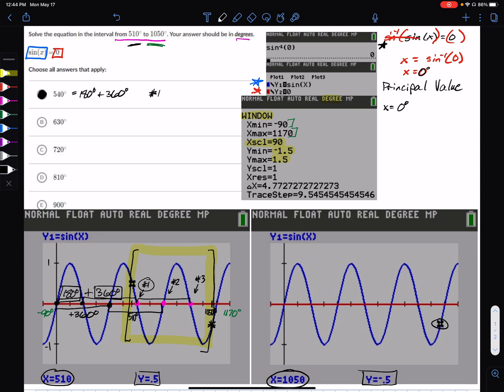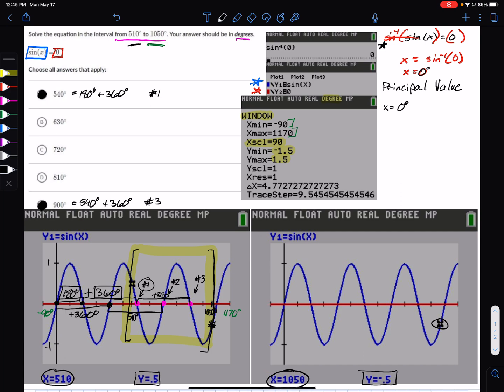Now if we go 360 degrees further from that, we'll get point number three. So 540 plus 360 is 900, I believe, and that is point number three on my labeled graph.